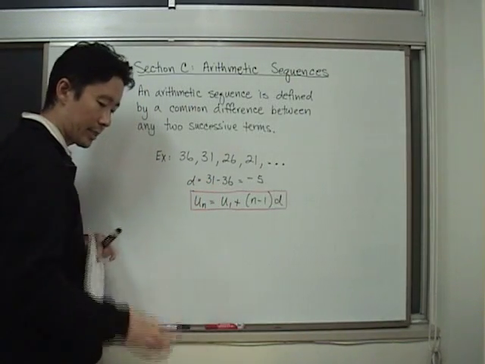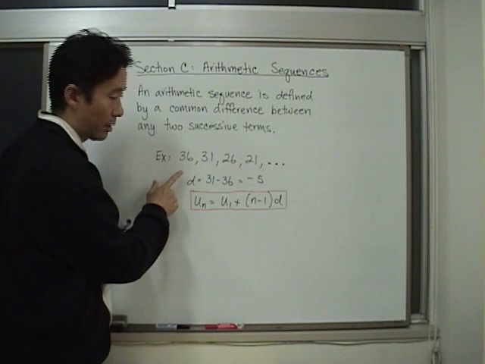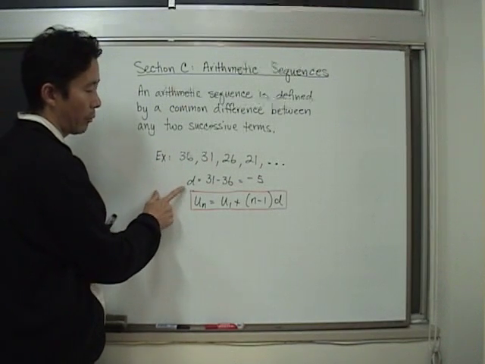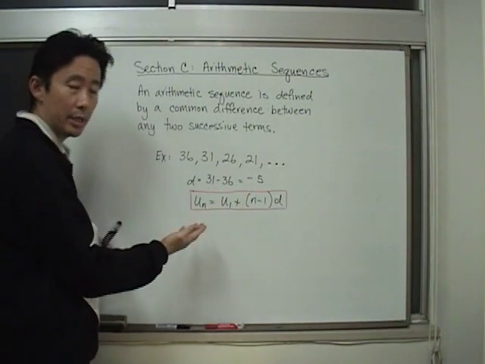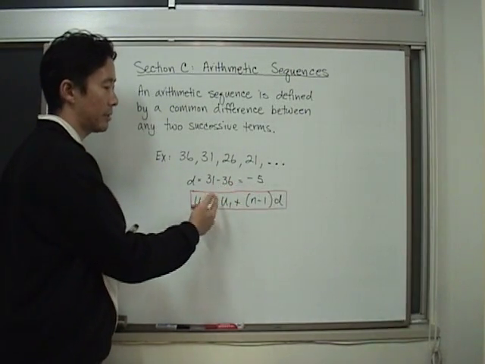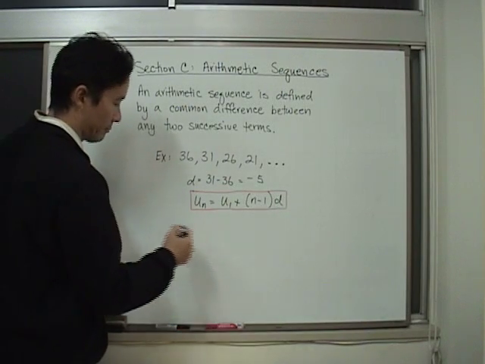Okay, so let's go ahead and take a look at how we actually generate that u sub n as a formula for this particular sequence. We already know that d is going to be equal to -5. So all we really need to do now is just substitute the values that we need in order to solve for u sub n. So here we go.